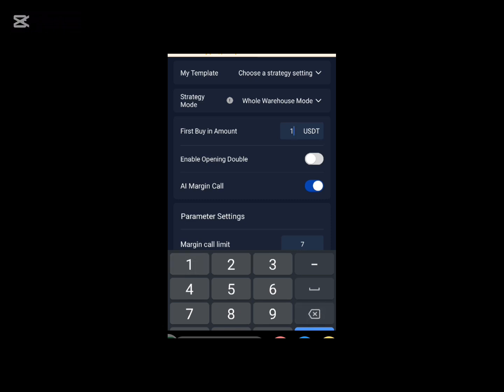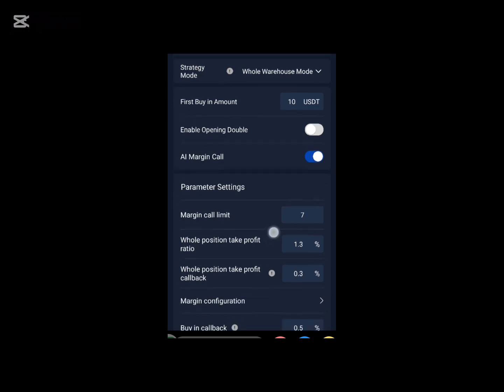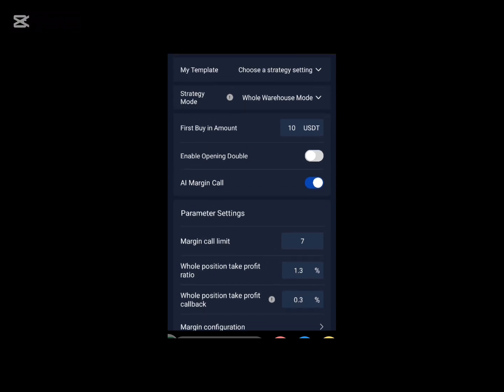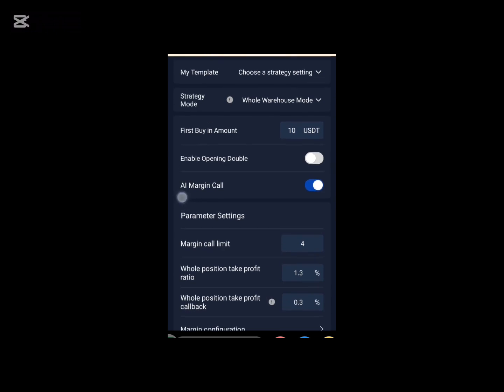For instance, you can say let me use $10 as my first buy. This $10 times 4 is 40, plus the previous 10 you have used before, making 50. So you have margin call of 4.